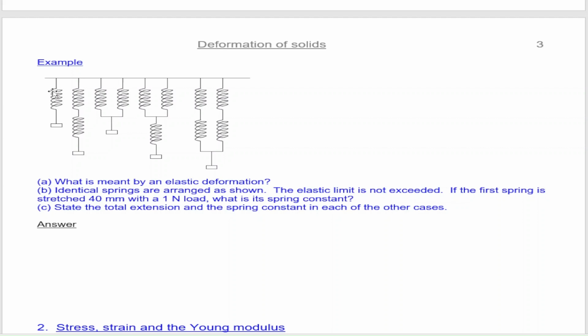In this example, we are told that they are identical springs. So k is the same. So for the first one, F is equal to kE. For the second one, we have got k over 2 times E. Then here we've got 2k times E, and then 2k is in series with that. So it's just like resistors in series.